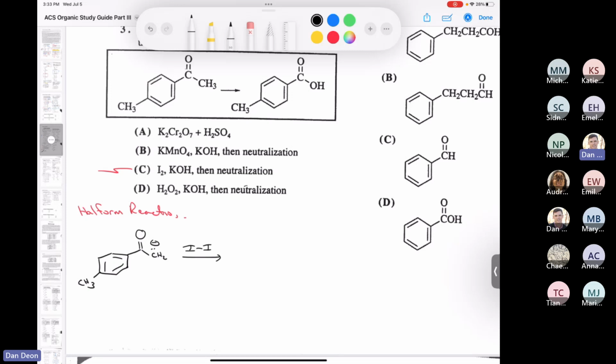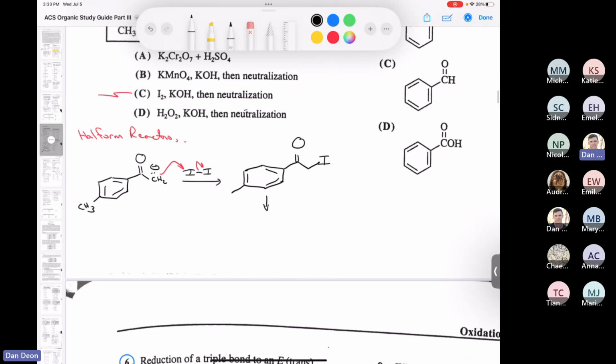So you have I2 like this, and then when you add iodine, you end up with an iodo compound like this, okay. And then that's going to keep going over and over until you make this compound. We have CI3, right?